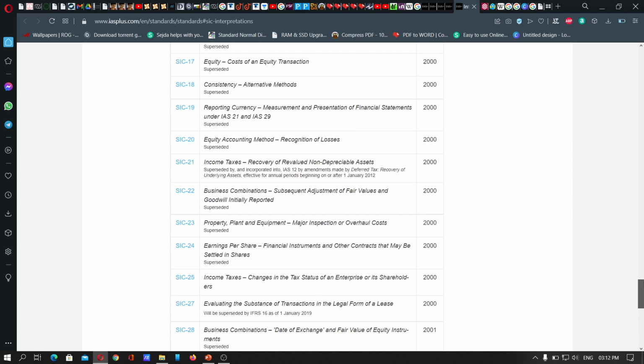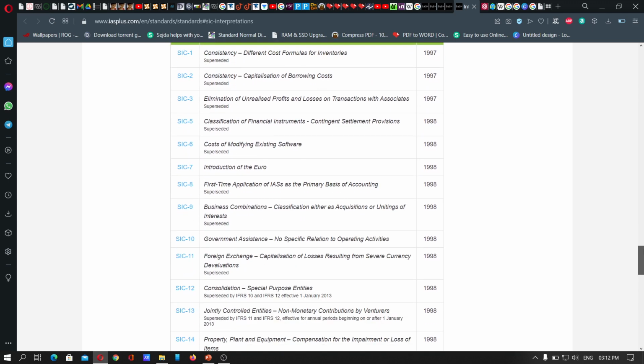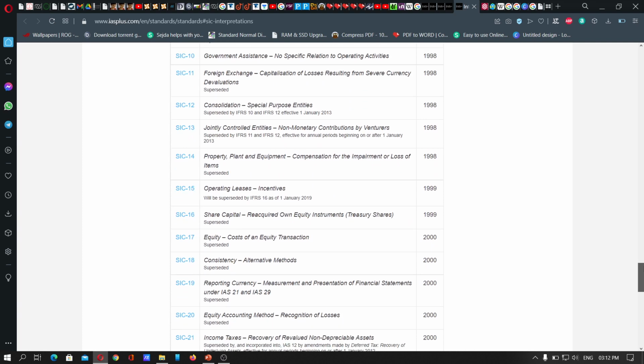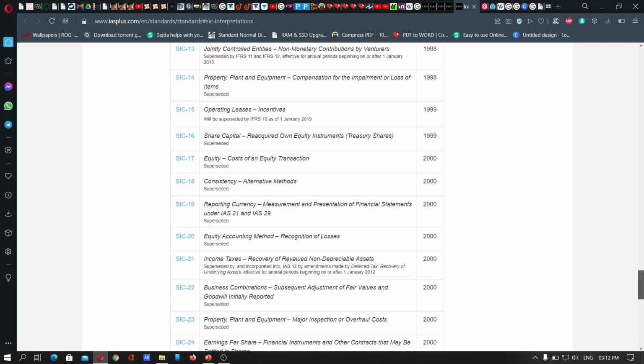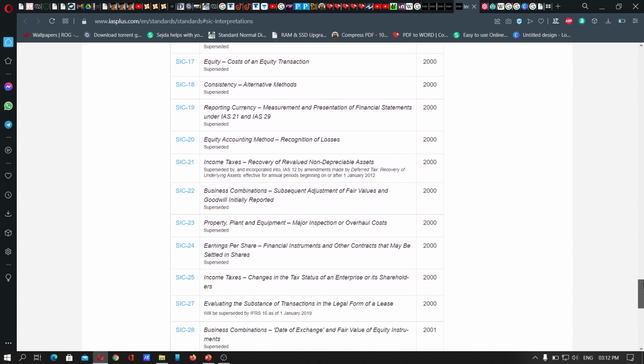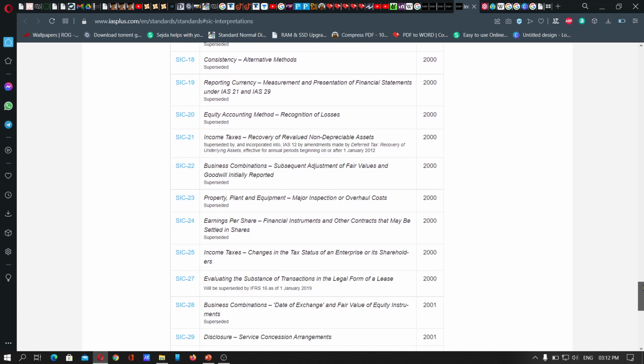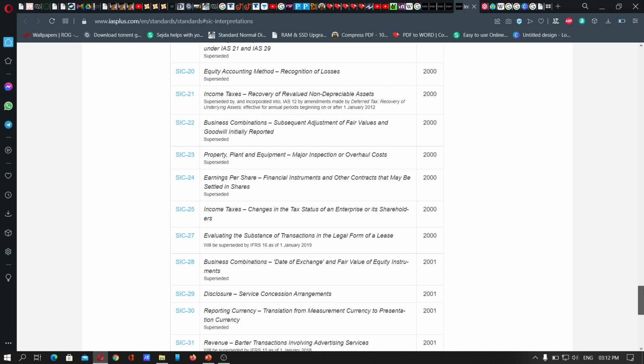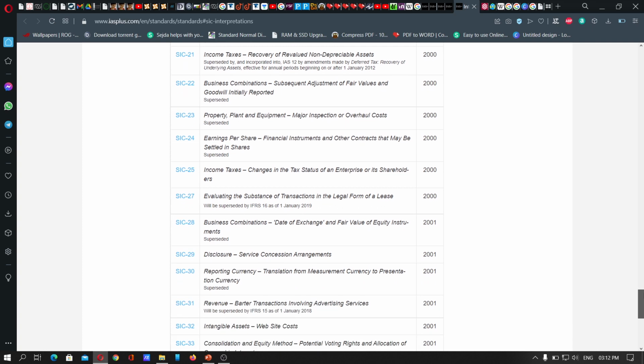So go through all these SICs, familiarize each of these heads and the SIC numbers also. If you want further information regarding each of these SICs, you can Google it or search Wikipedia. Anyway, familiarize and update yourself with regard to each of these components. So go through it. If you have any queries regarding that, please do let me know.